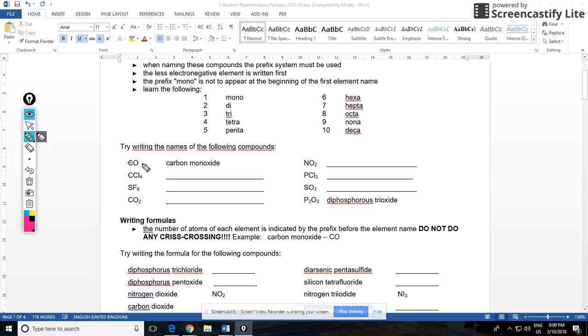So once again, if you see something like, let's say, MgF2, you would not name this magnesium difluoride. You would simply name it magnesium fluoride. So no Greek prefix for ionic compounds, only for the covalent compounds that you've seen here.